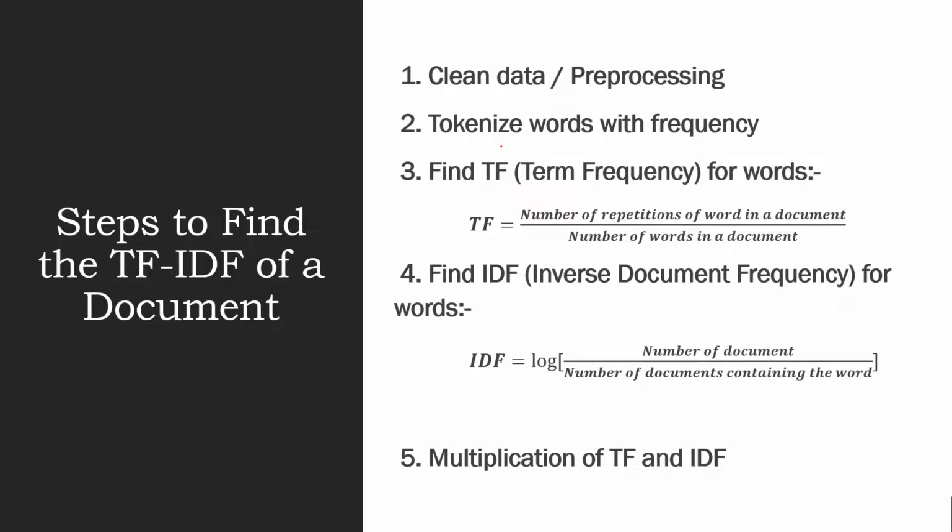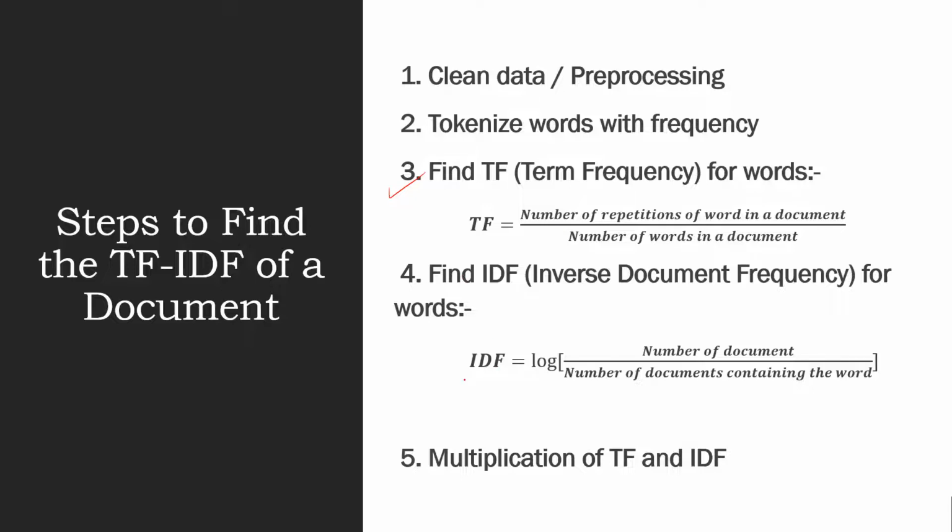After data cleaning, there will definitely not be 100 words, because we remove stop words and do stemming. So the number of words in the document is reduced after cleaning. As the third step, you need to find how many times the word economy is repeated in the document divided by the total number of words in the document.